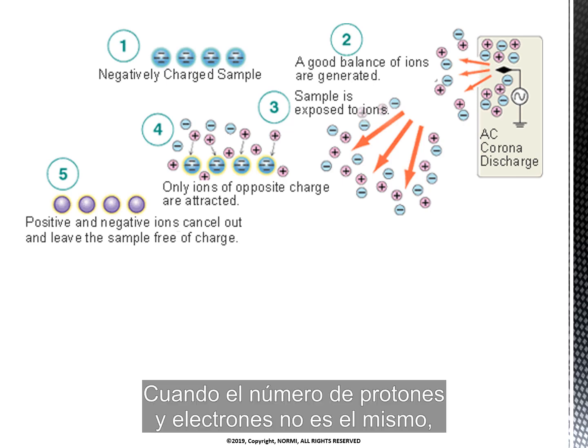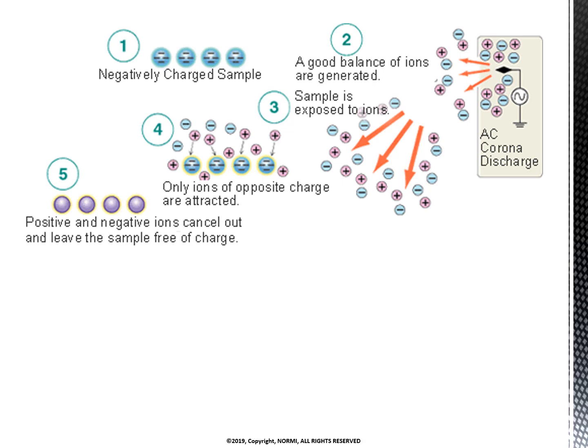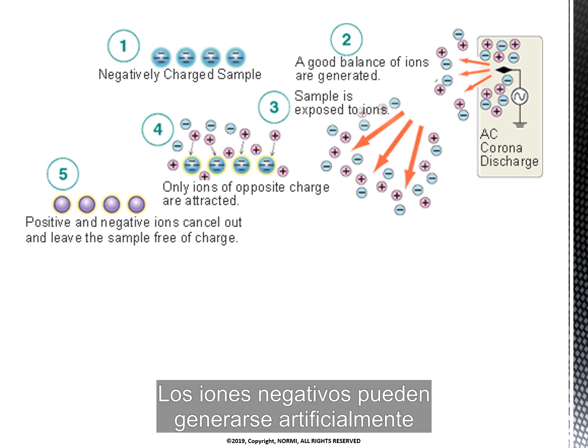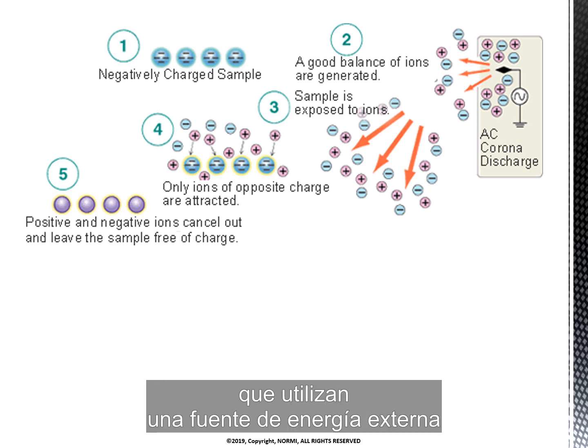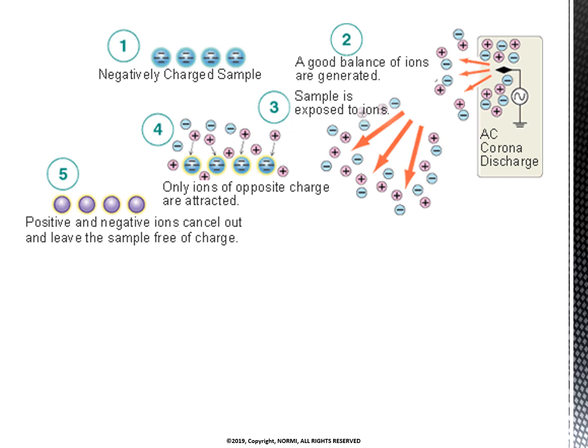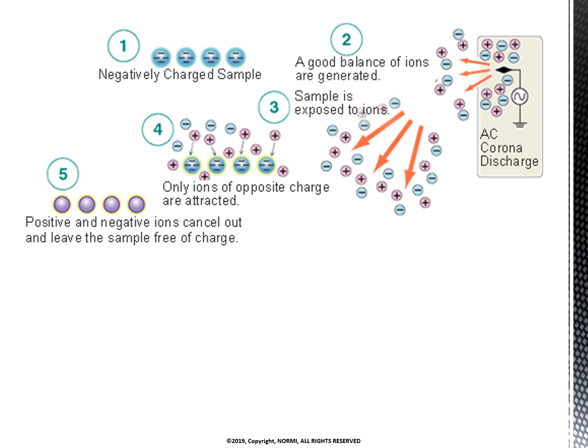When the number of protons and electrons is not the same, the particle becomes an ion that is either positively or negatively charged. Negative ions can be artificially generated by electrical devices such as ionizers, which use an external power source to generate large quantities of negative ions.